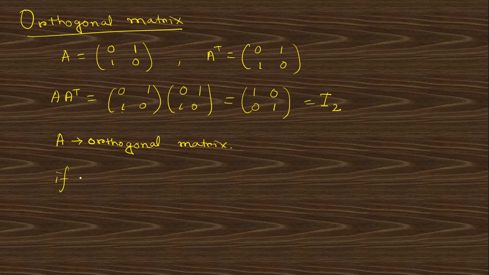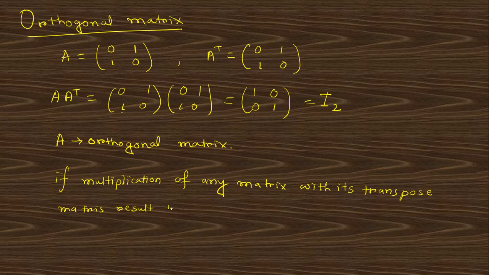So if the multiplication of any matrix with its transpose matrix results in the unit matrix, then the matrix is known as an orthogonal matrix.